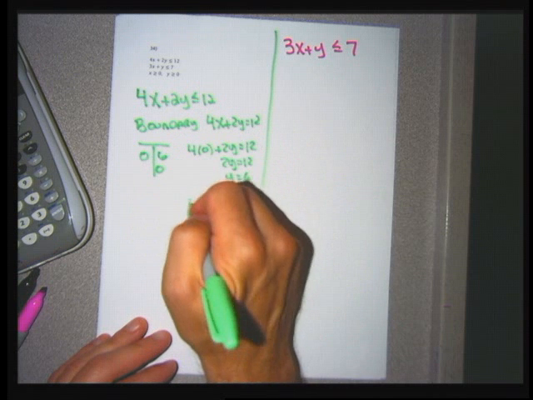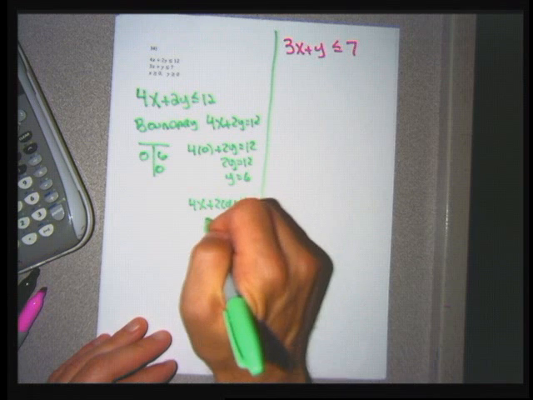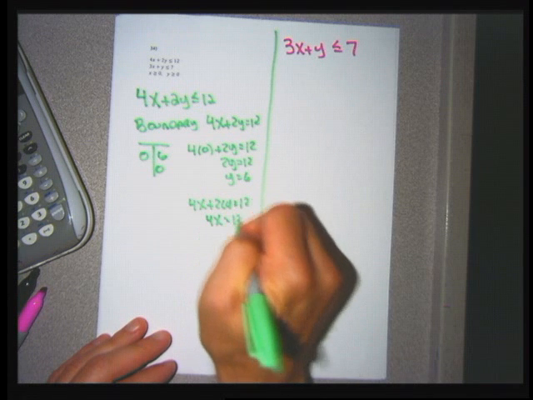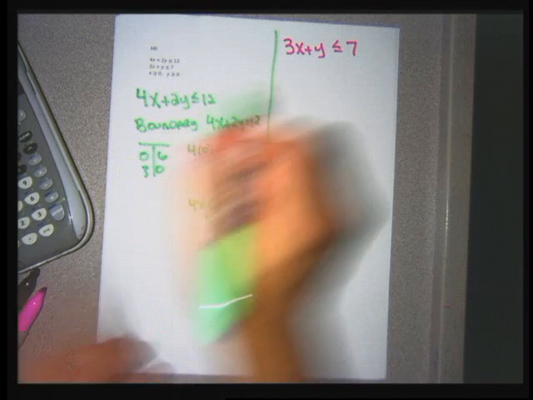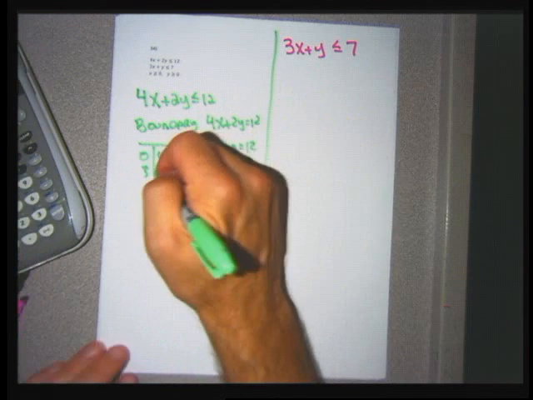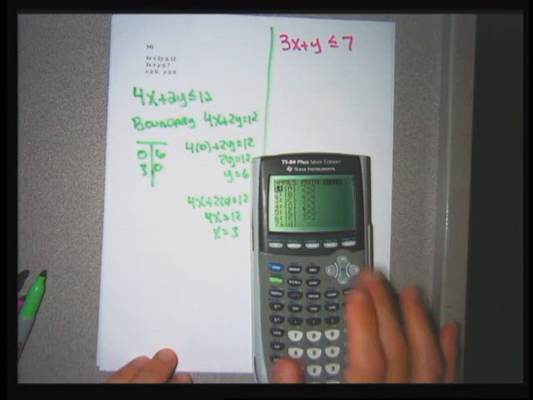And if I do 4x plus 2 times 0 equal to 12, this will give me 4x equal to 12, x equal to 3. I'm going to RREF those two to get the intersection point. So I'm going to go second matrix, edit.